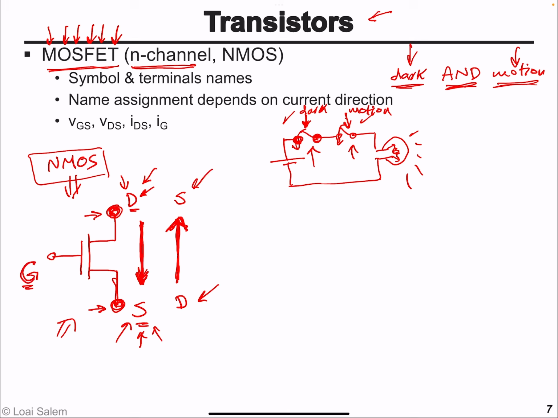On the other hand, the gate is always a gate. There's no exchange with the drain or source. Another thing is, we call the current that's flowing in the transistor IDS, current from drain to source, okay? And this is the arrow, for example.